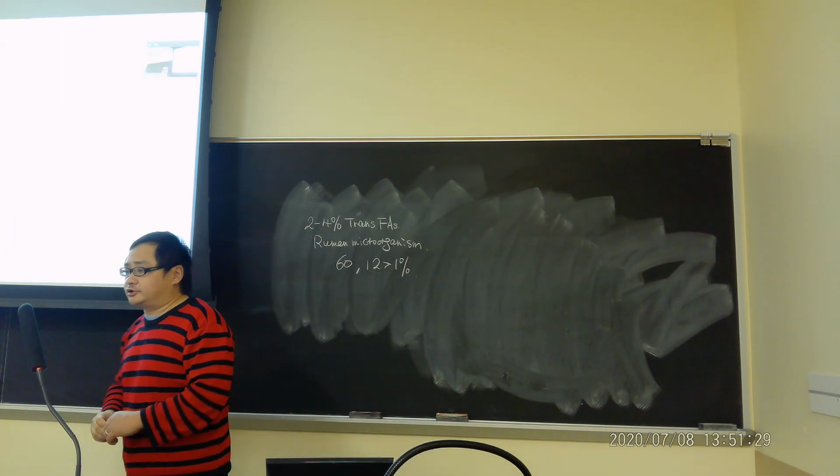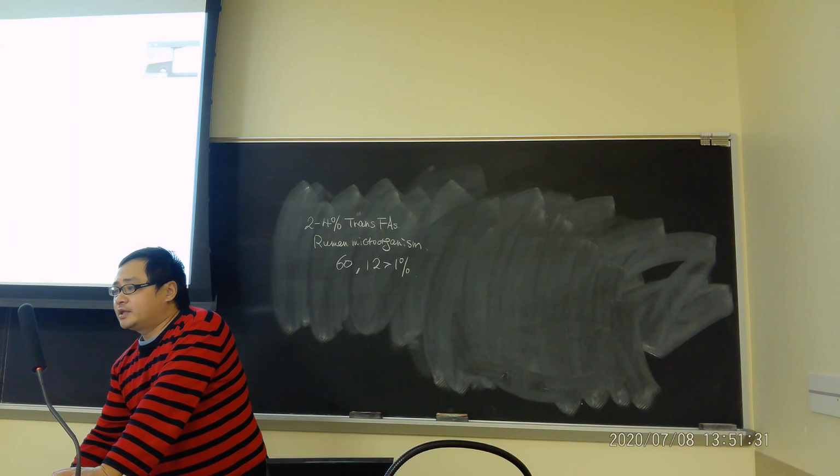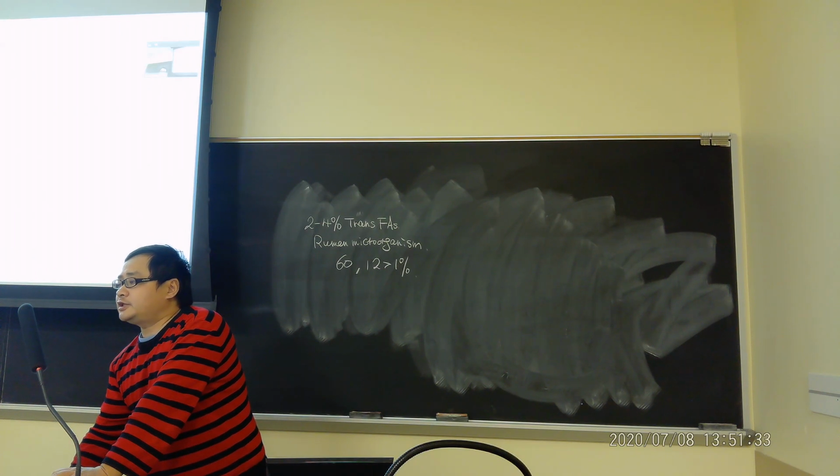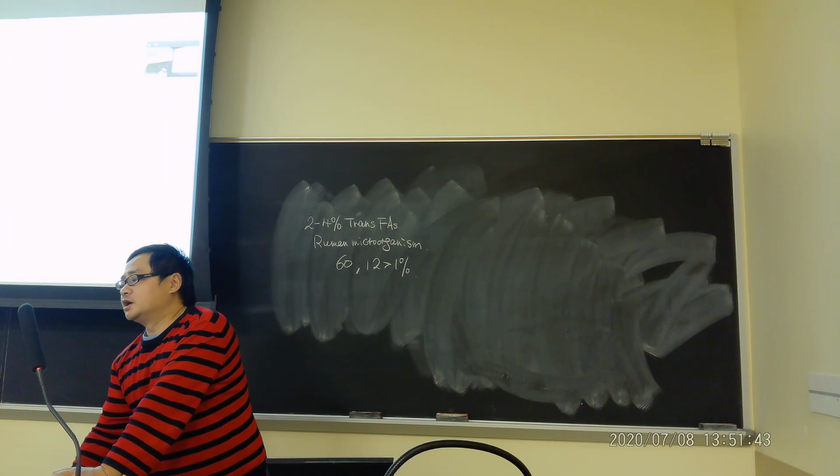If you look at the table, you can see a pretty high level from the goat, sheep, and cow milk. Pretty high level of those short-chain fatty acids, anywhere up to 50% even. Butyric acid, caproic acid, caprylic acid, lauric acid, and the palmitic acid, of course, is dominant, and the stearic acid.